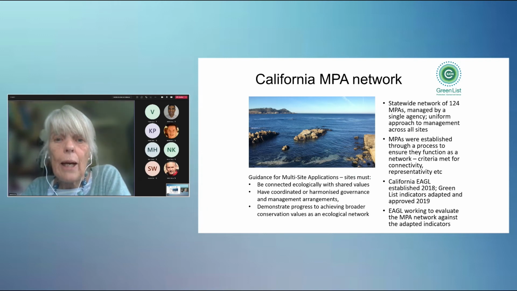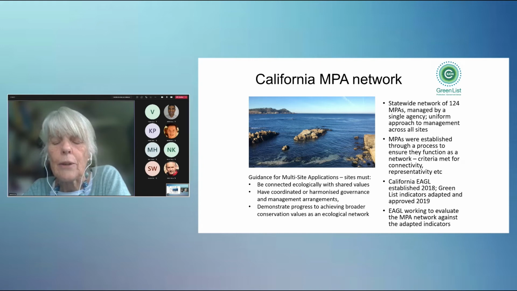And then I just wanted to flag up the pilot case that we have of the California MPA network, which is now a candidate for the Green List. It was a very interesting process for the Green List Standard Committee in terms of ensuring that the indicators are suitably adapted for a network.